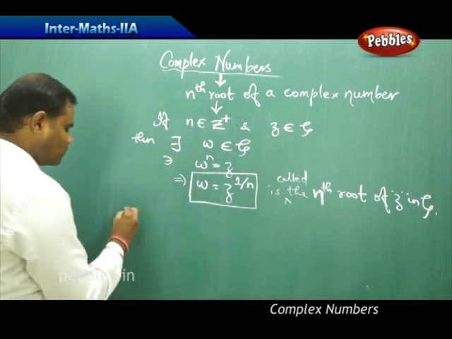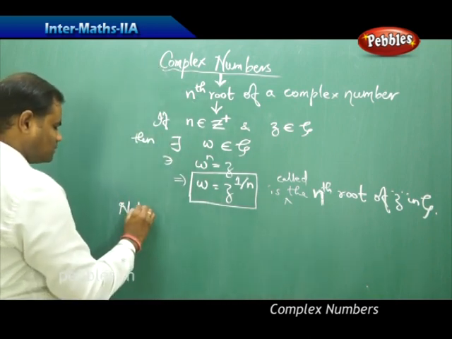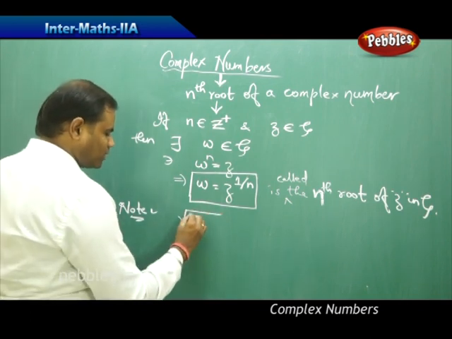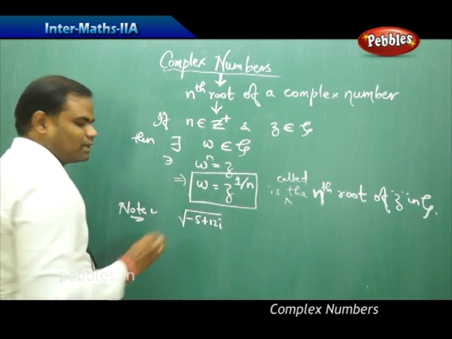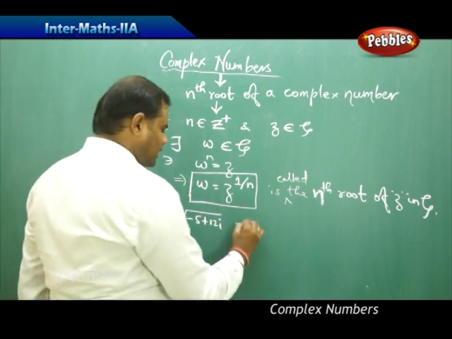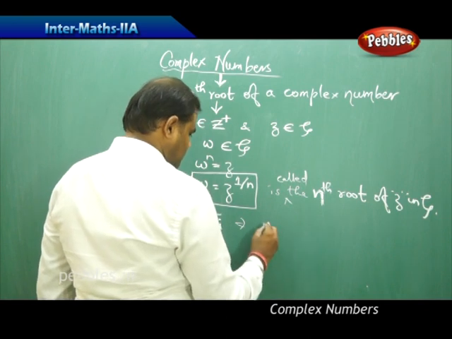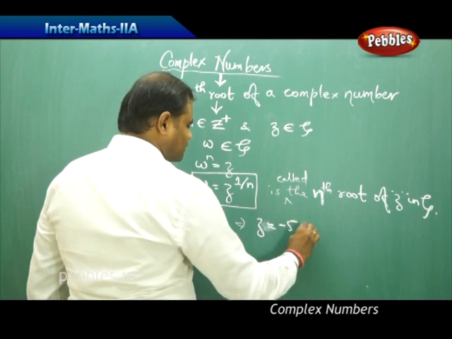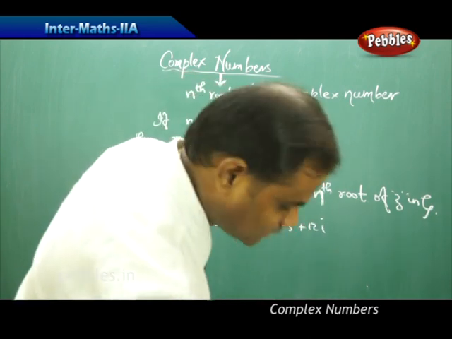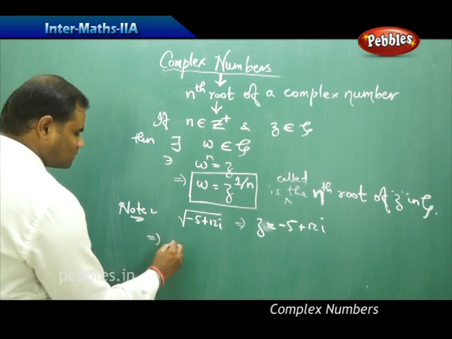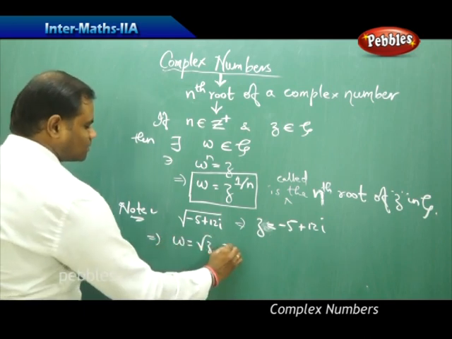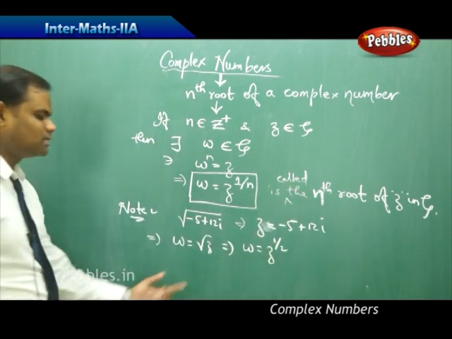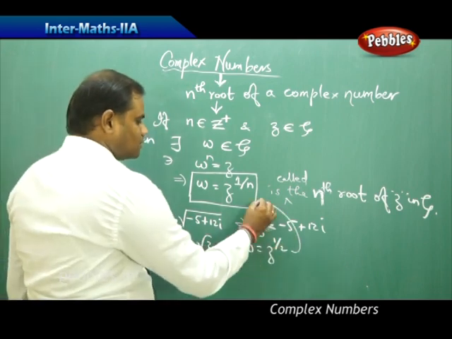So when I want to find the nth root, I just find this of z in C. Suppose I wanted to take the previous example, if I wanted to find the square root of minus 5 plus 12i as taken in the previous session, that implies, if I take my z as minus 5 plus 12i, then w is equal to root z, or w is z power 1 by 2, is how I understand this with the square root.